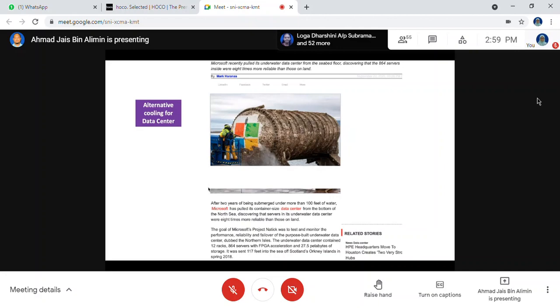2020. It was last year, September 22nd. Microsoft had already invested since 2018. You can see on the article here. Okay, Microsoft doesn't want to invest in the concept of cooling system that people normally apply or implement for data centers.